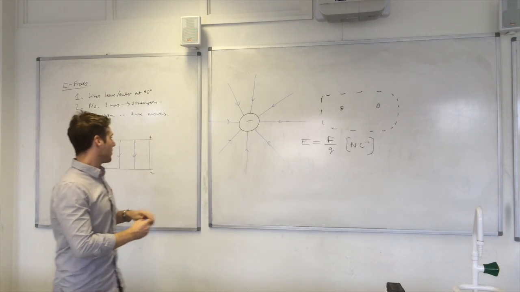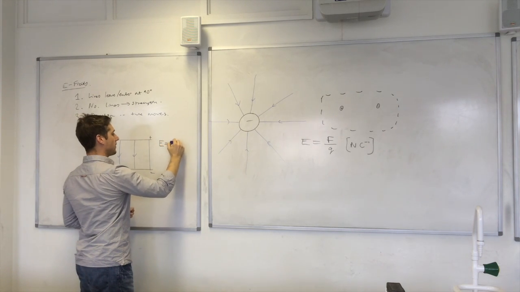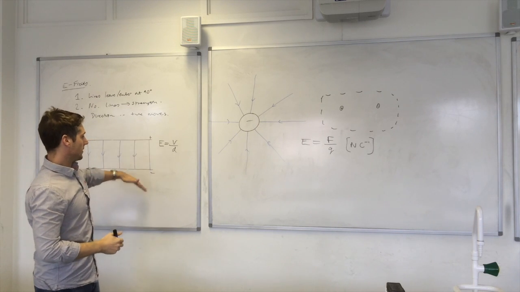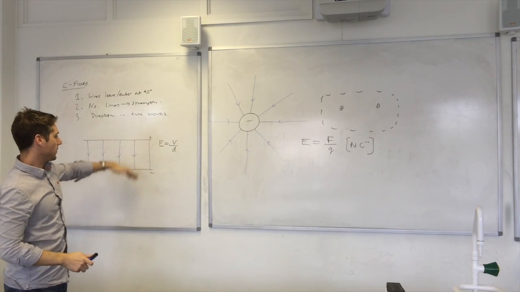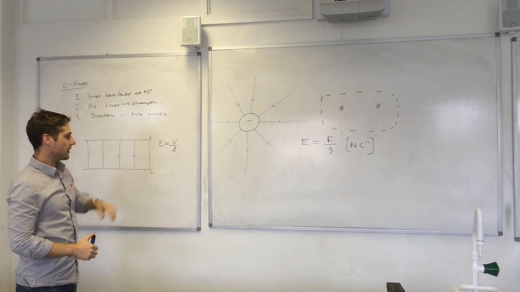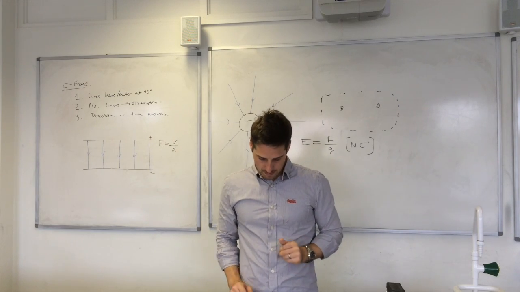And for parallel plates, the electric field strength is voltage per unit distance. So if you know the separation of your parallel plates and you know the potential difference between them, then you can work out the electric field strength there.